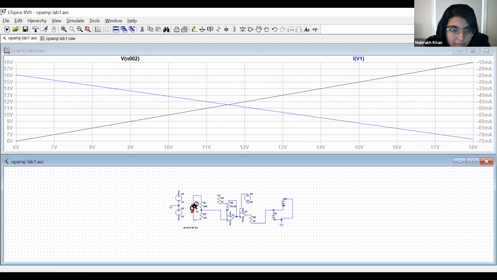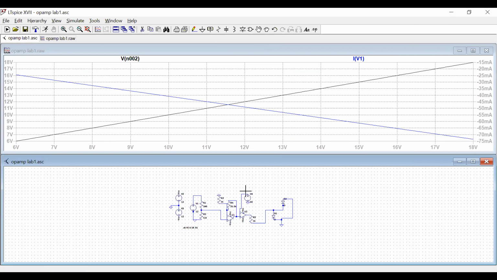And so the current is going from minus 75 to minus 25. Let me see that. I think it's going down. I noticed the current falling as the voltage at node 2 is rising.